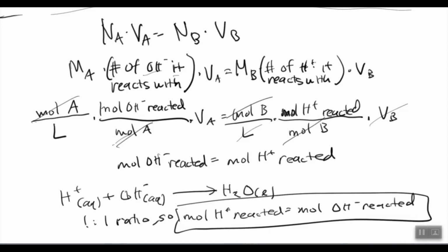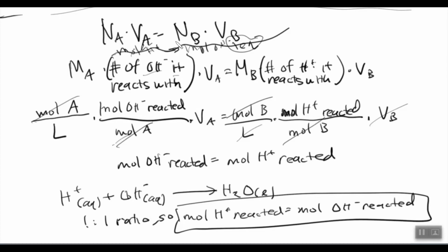For every 1 mole of H plus that reacts with 1 mole of OH minus, you have one equivalence. You could say 1 molecule of H plus reacts with 1 molecule of OH minus to form 1 molecule of water, which is one equivalence. It doesn't matter if you use moles or molecules. In this case, we'll use moles.